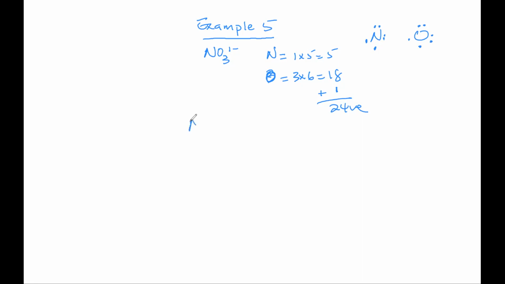So nitrogen is in the middle. Oxygen, oxygen, oxygen. We make this octet. We make this octet. We make this octet.